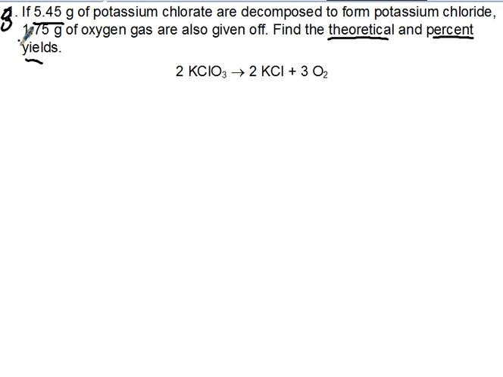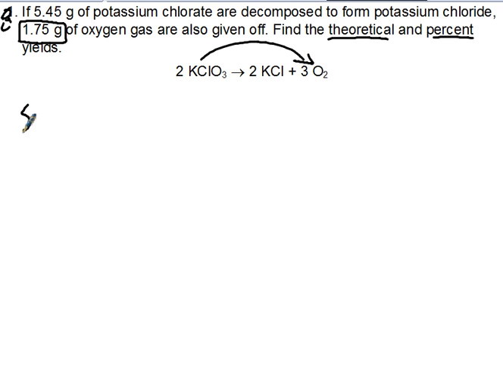Since it gave us this mass right here, 1.75 grams of oxygen, in order to do a percent yield, we need the same molecule that they gave us that was produced. So we need to do our stoich of potassium chlorate to oxygen.